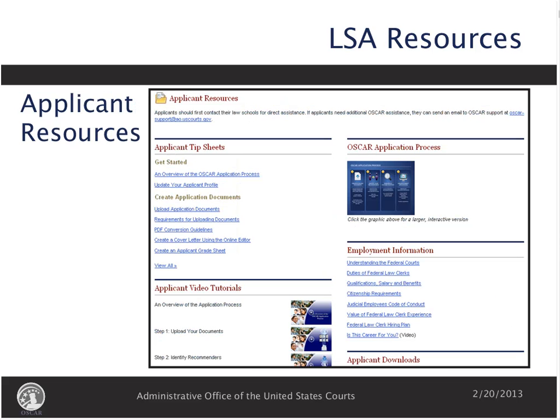You click on the applicant resources. Their applicant resources page is organized and redesigned the same way as the LSA's version, in that they will have tip sheets, video tutorials, employment information. They will also have access to the OSCAR application process map.